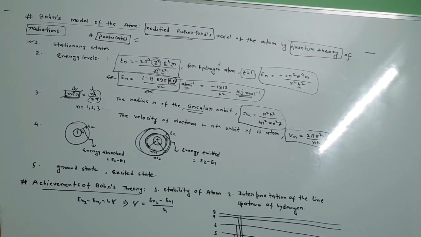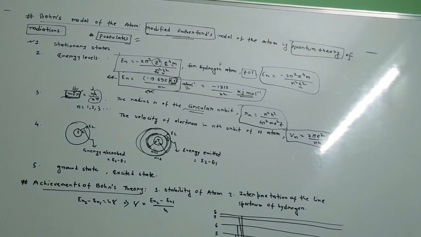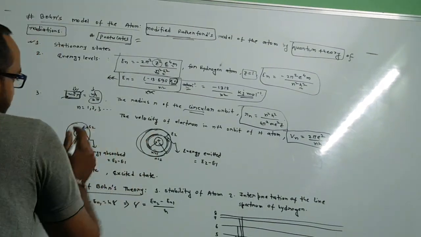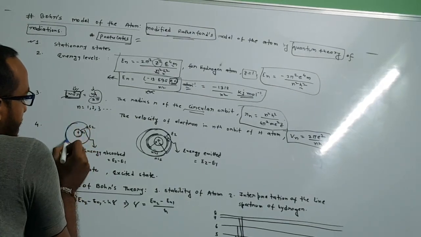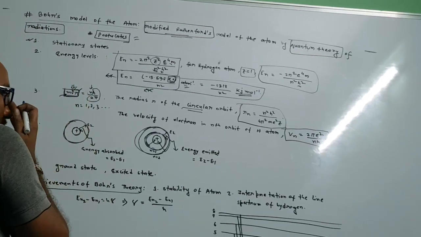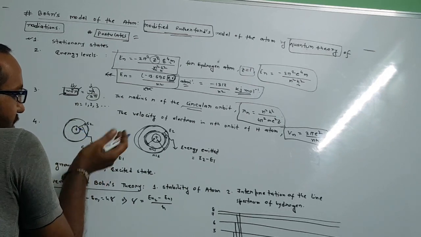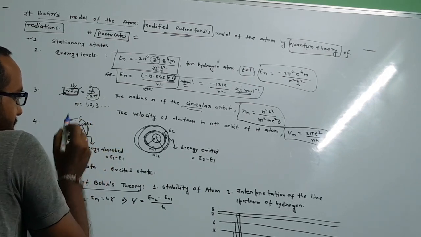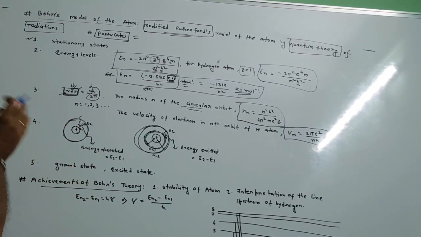Now see, as we have already discussed in the previous section, if an electron has to move from a lower energy state to a higher energy state, it will absorb energy of a particular frequency or wavelength of light.